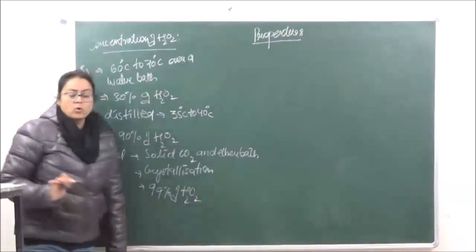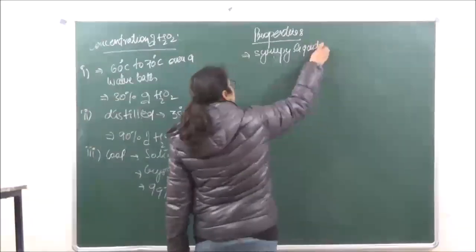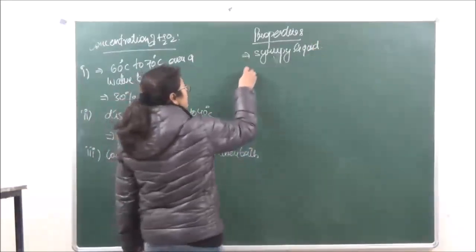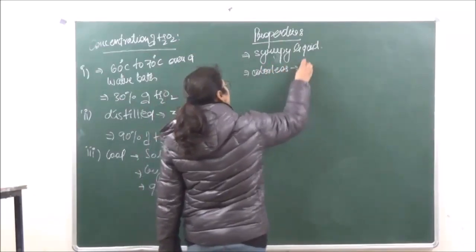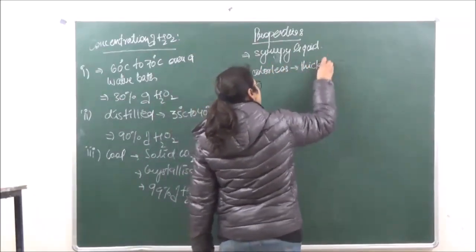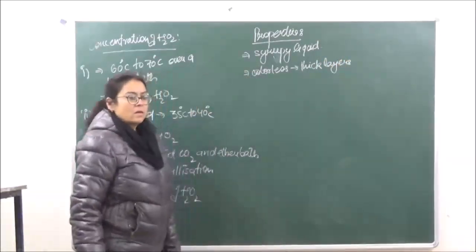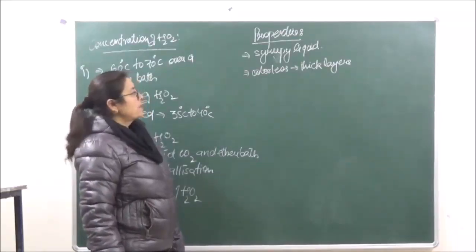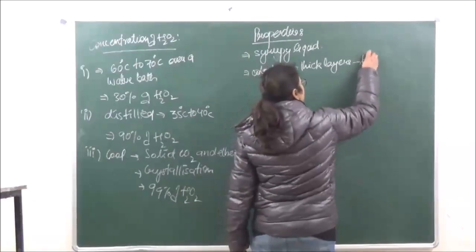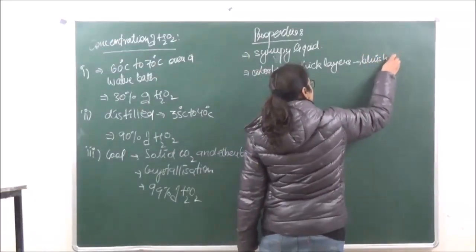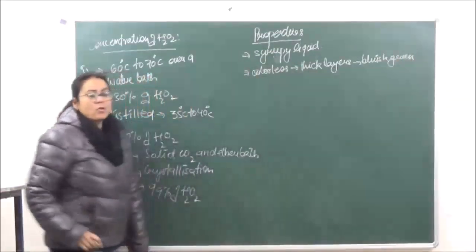Properties of H2O2. When we are doing the properties, it is a syrupy liquid, right? It is colorless. But when we are talking of thick layers, these thick layers are going to appear bluish green in color, just like that of water.